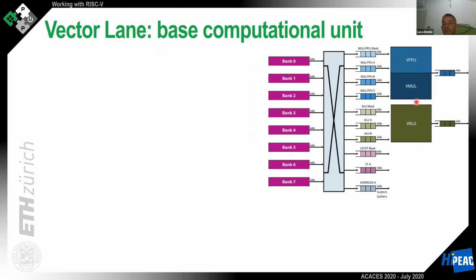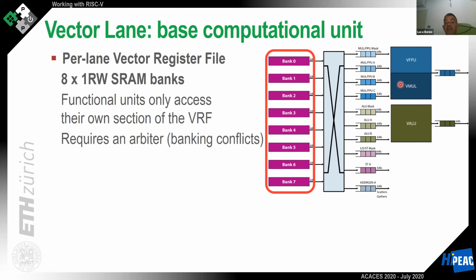Then we have the interconnect that is part, if you want, of the register file, which links the operand queues with the register file banks. And so this is a critical design point, because you need to be able to feed operands to all the operand queues in front of the lanes. And this is actually a very large register file made by fast memories.